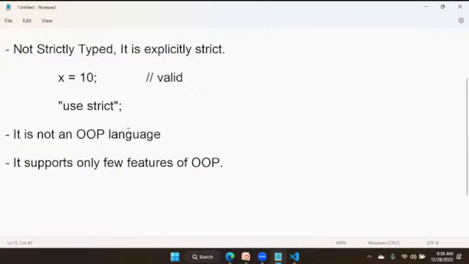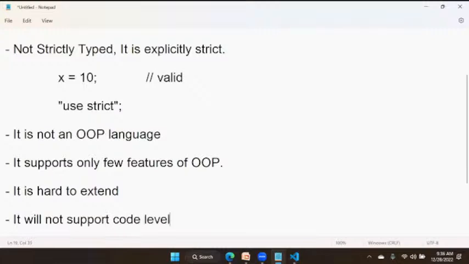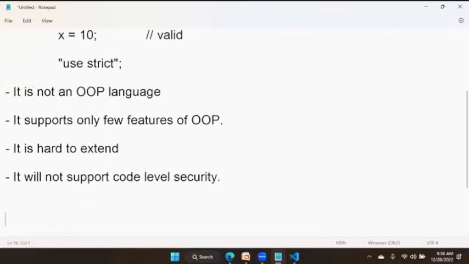So if it is not object-oriented programming, it is hard to extend, and it will not support code level security. All these are the problems of JavaScript. These are all the issues we are facing with JavaScript.